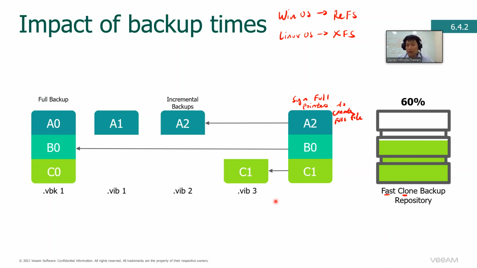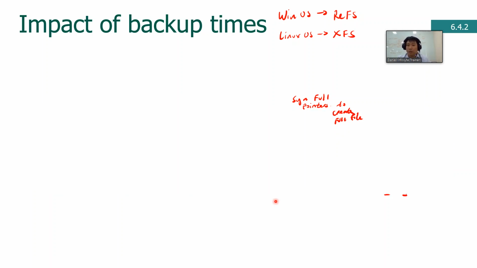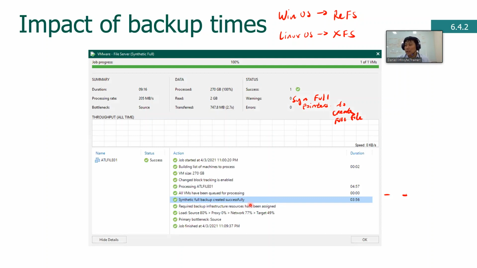And so this is a very, very good feature. And with this, now I have no problem in selecting any types of mode to run. First thing, they improve on synthetic full backup. Okay, very fast.